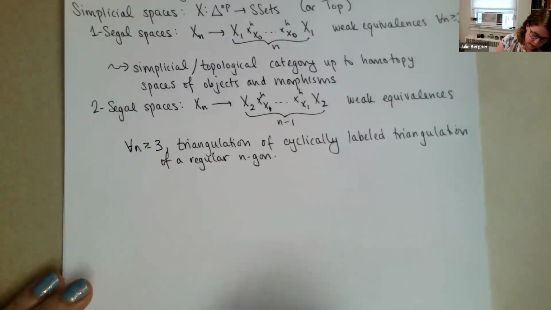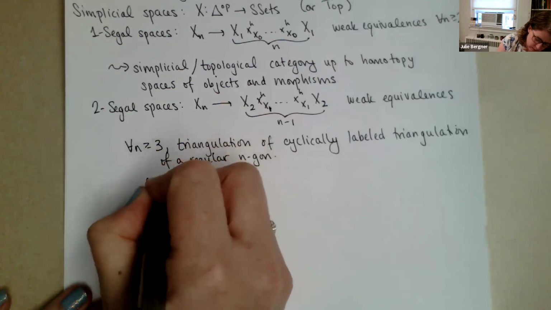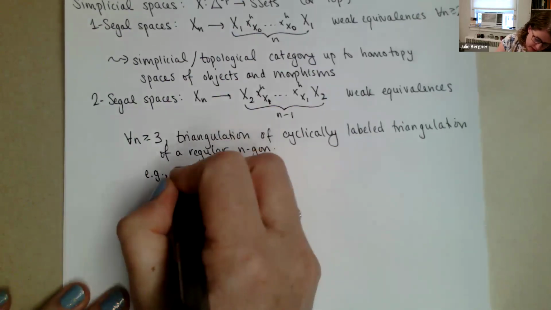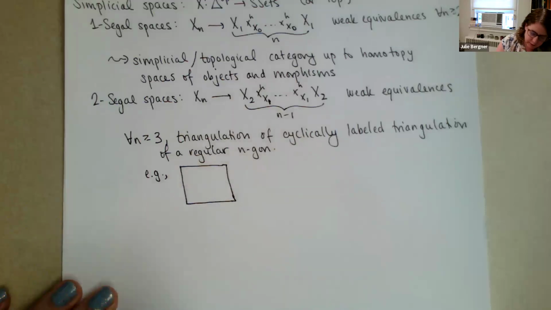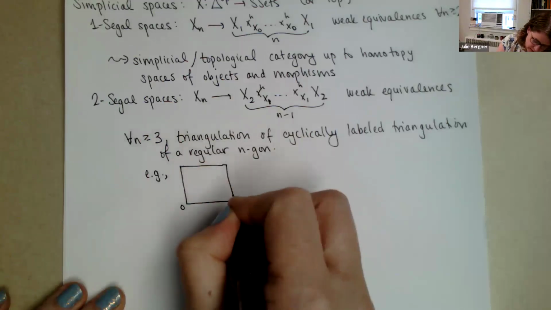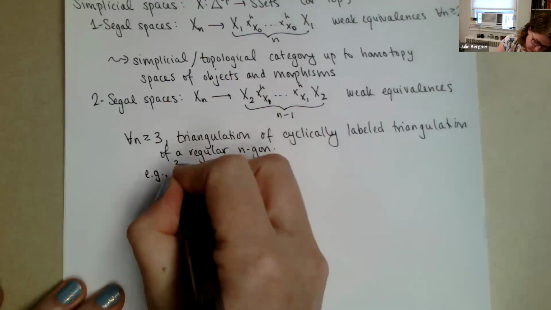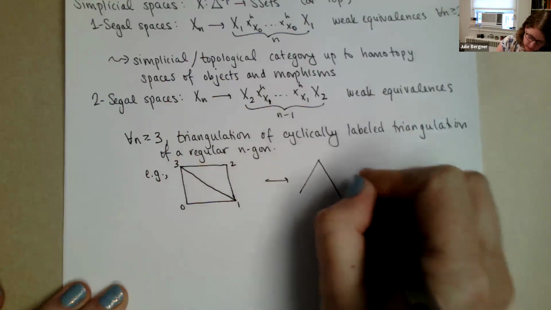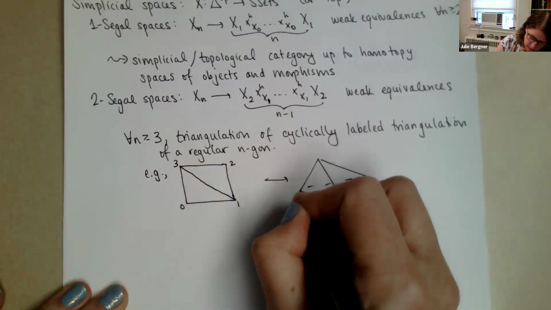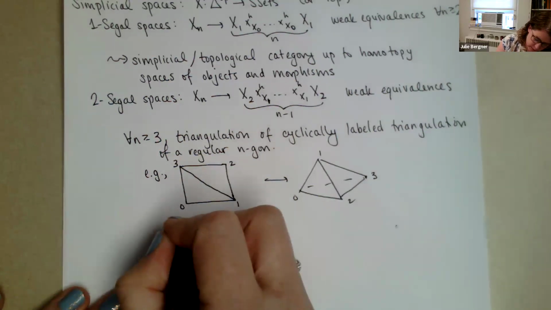And just a reminder, if anybody wasn't here, because I'm going to refer to this map again. One of these maps arose where we take this diagonal here and include it into a 3-simplex.